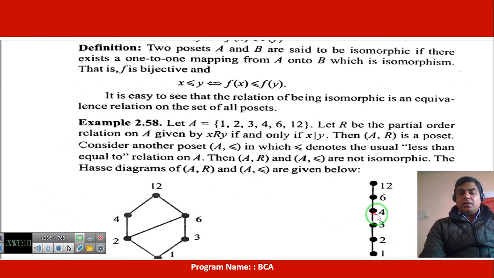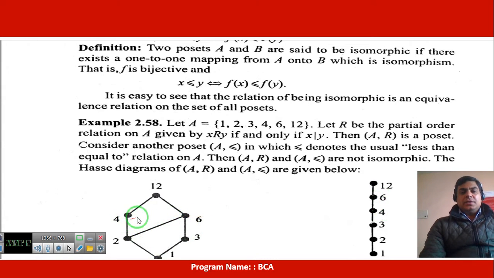But here 4 is less than 6, because in this set we are using the usual meaning, less than or equal to, as according to the definition. So 4 and 6 having the relation, they are comparable with each other in this set, but here in this set they are not comparable, they are not related with each other.